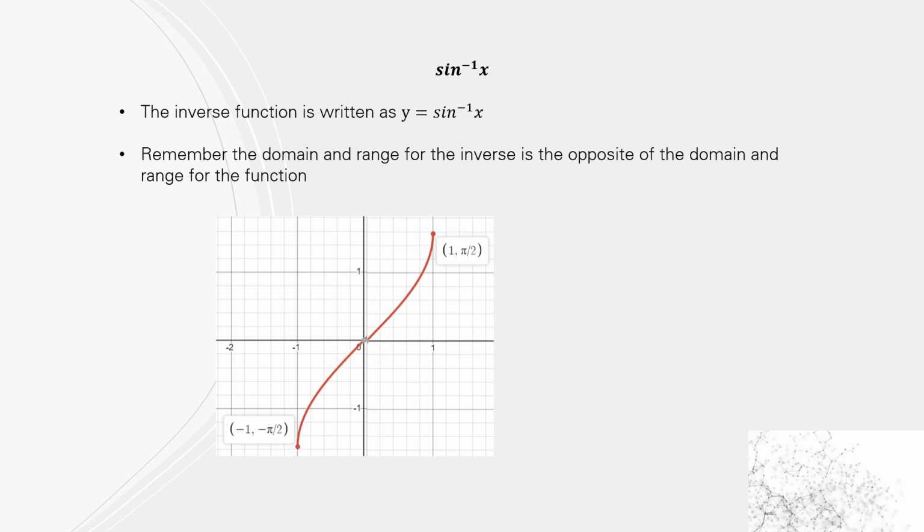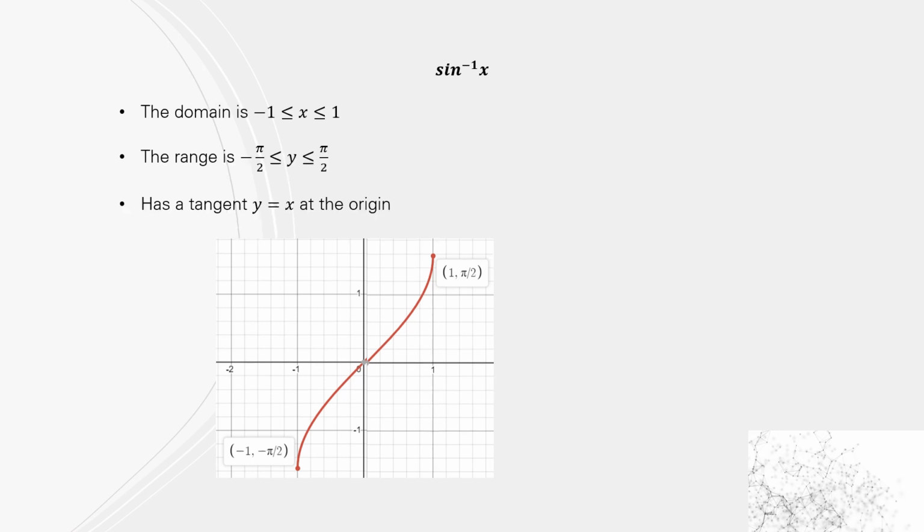A reminder that the domain and range are the opposite of the domain and range for the function. So the domain now becomes minus 1 to 1 for the inverse. The range is minus pi on 2 to pi on 2. And y equals x is still a tangent for this graph.